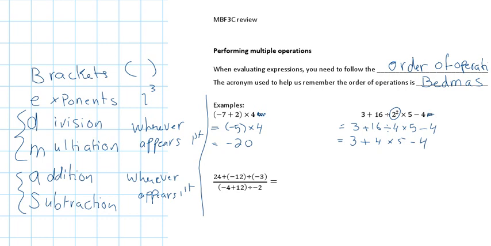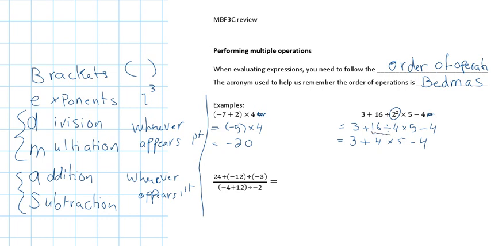After the exponent, I have to either do division or multiplication, whatever comes first. So in this case, if I'm reading from left to right, the first thing that comes is division, right? Between division and multiplication, the first thing I see is division. So I have to perform the division first. So I have to do the 16 divided by the 4 first.